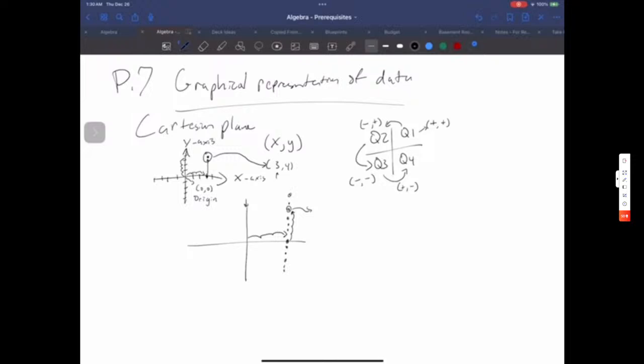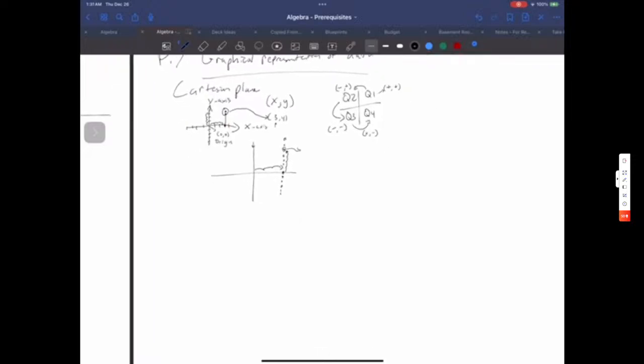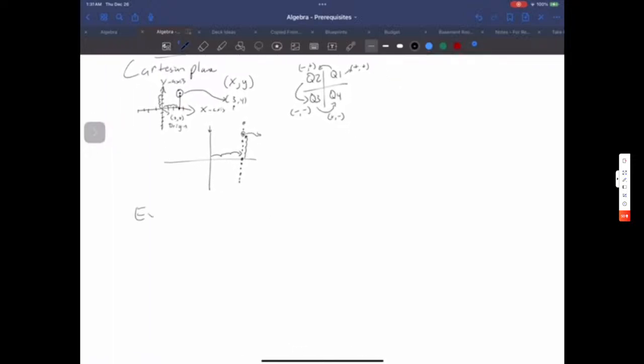So, for example, he says plot the points. Example 1: plot the points -1, 2, 3, 4, which we've done, 0, 0, 3, 0, and -2, -3 on the Cartesian plane.